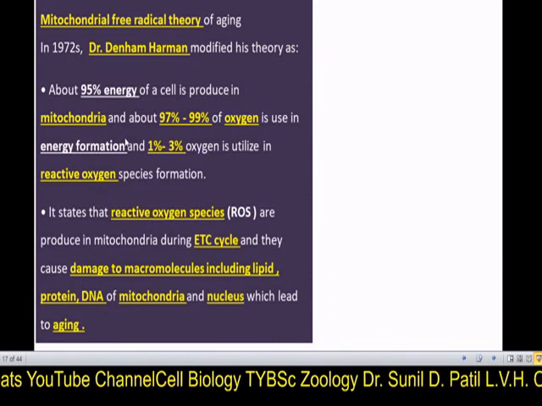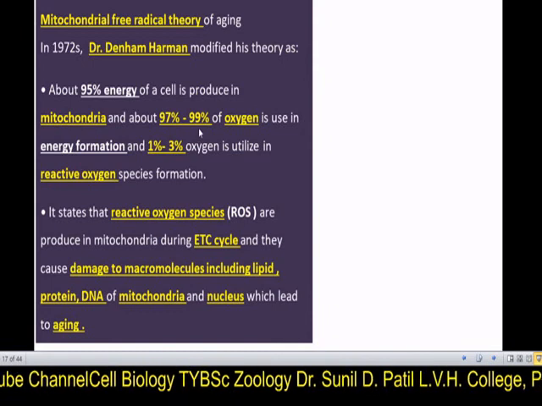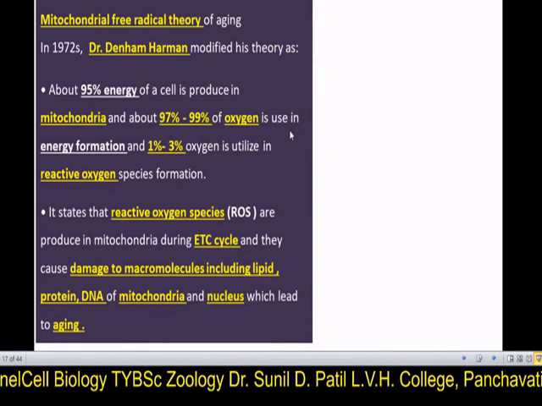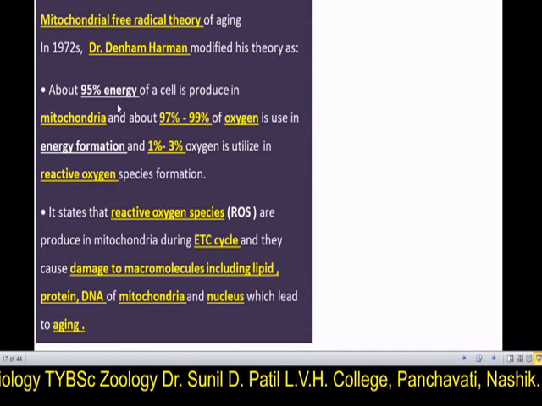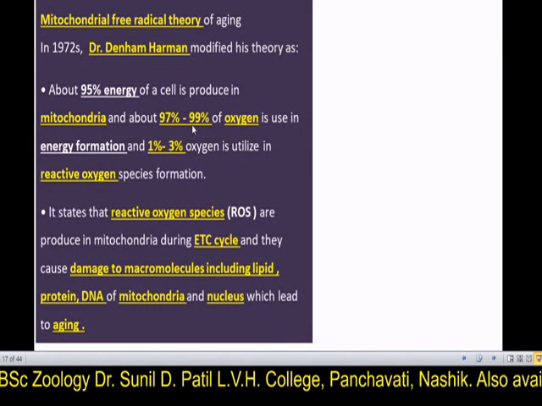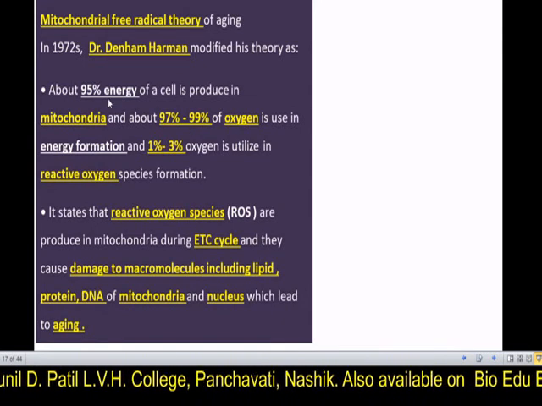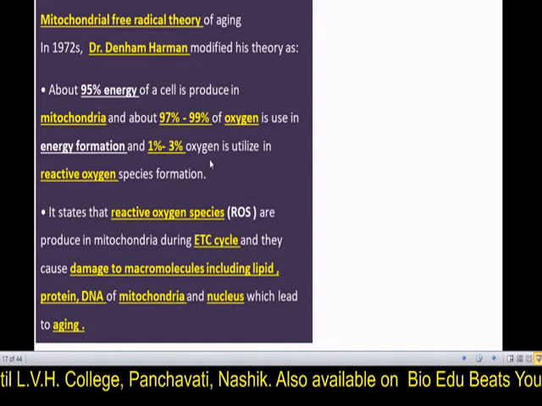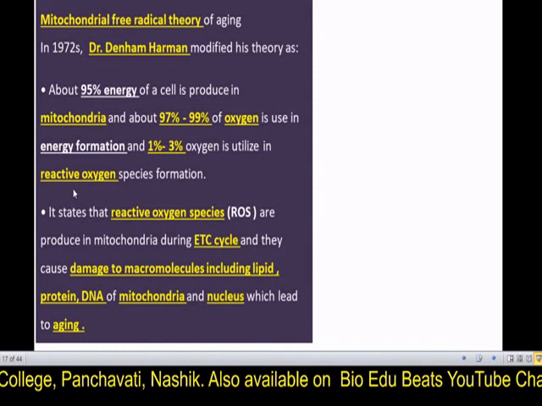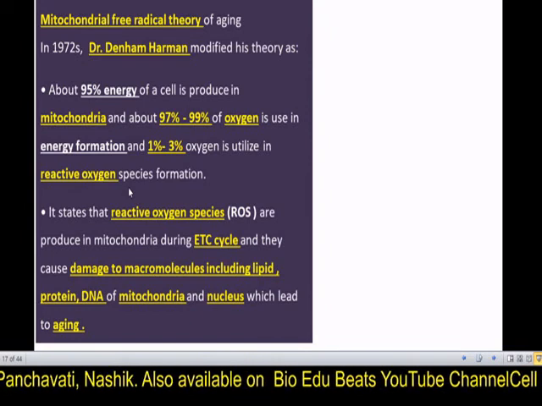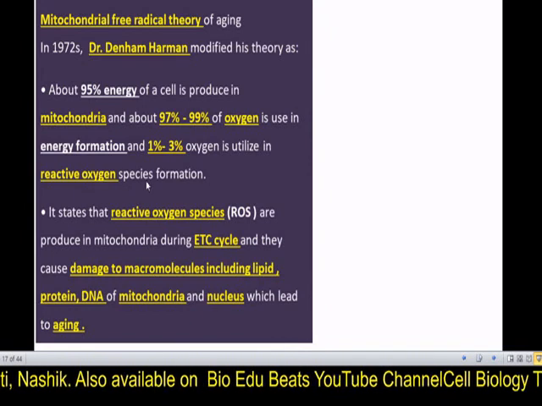We know this. Out of that, 97 to 99% of the oxygen which we take in is utilized for energy production, while 1 to 3% of oxygen is utilized as reactive oxygen species. So reactive oxygen species are formed.